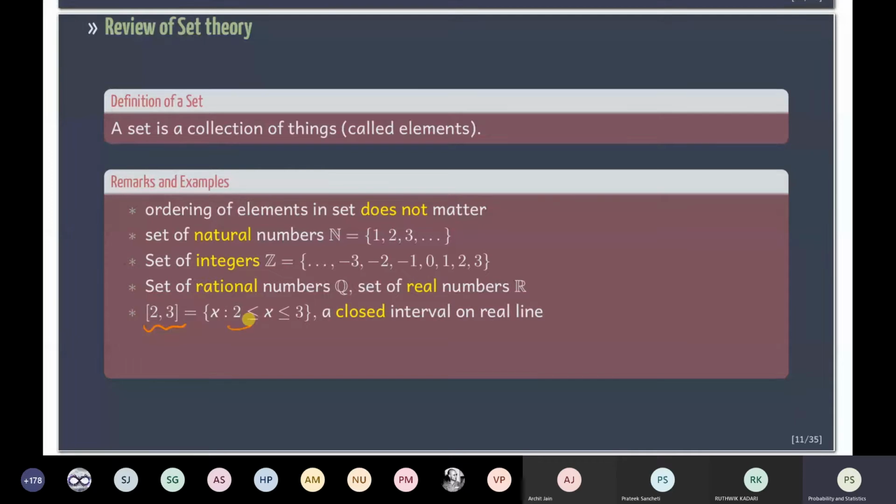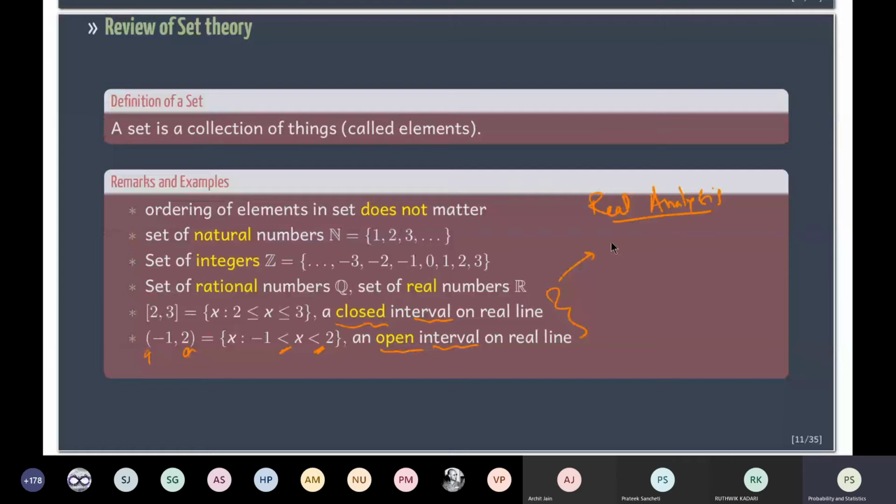It turns out that they play a very important role in higher mathematics. You may have done real analysis by now, and you may have been taught about open sets, closed sets, and so on.